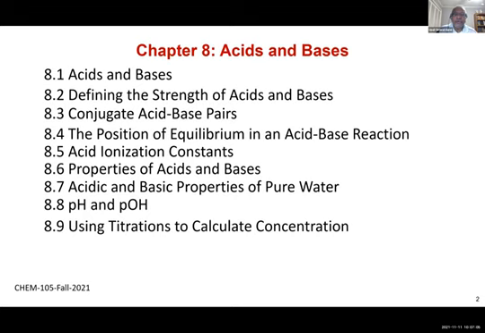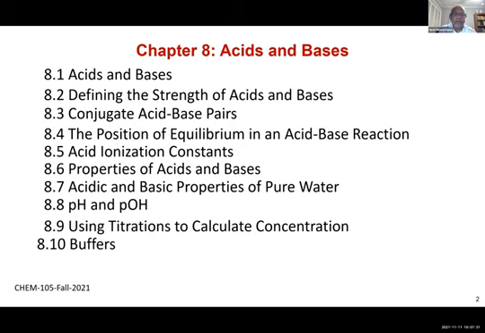We use titration between acids and bases to calculate the concentration of acid or base that is required to neutralize a certain amount of acid or base with a specific molarity or concentration.